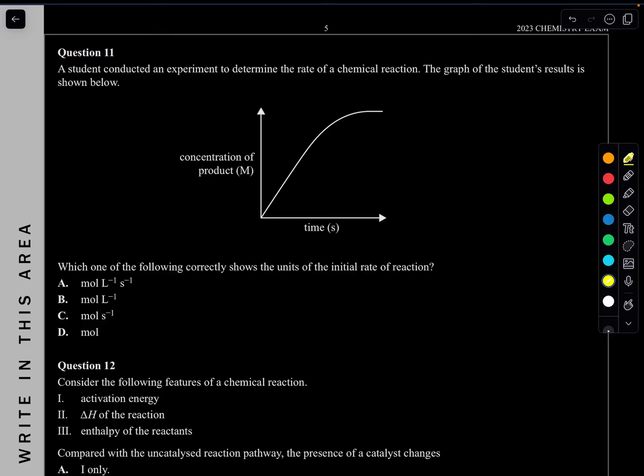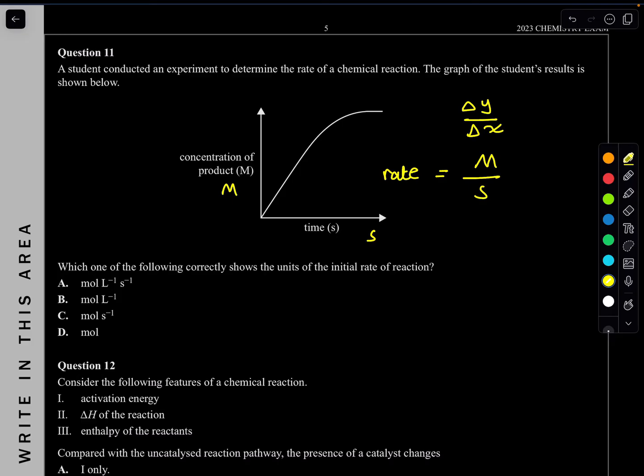So now we know, how would you find it? Well, what is the gradient of a graph? We know it's the change in y with a change in x. So in this case, this is our y value, which is your M, your concentration, over time, which is your second. So putting that over s, this is our gradient, or the rate. That's the unit. No, none of them actually have that. They're all in mole.